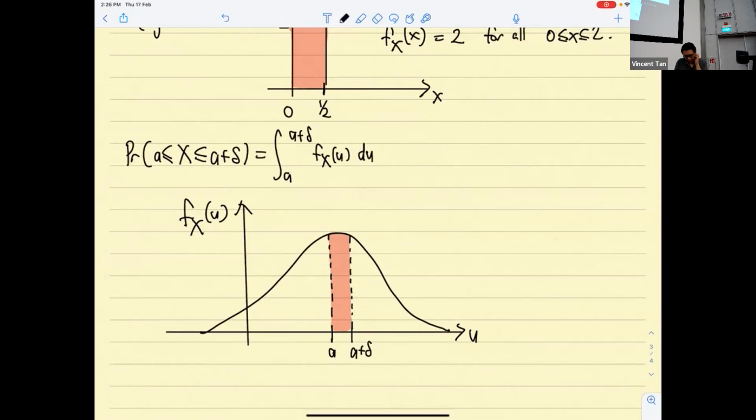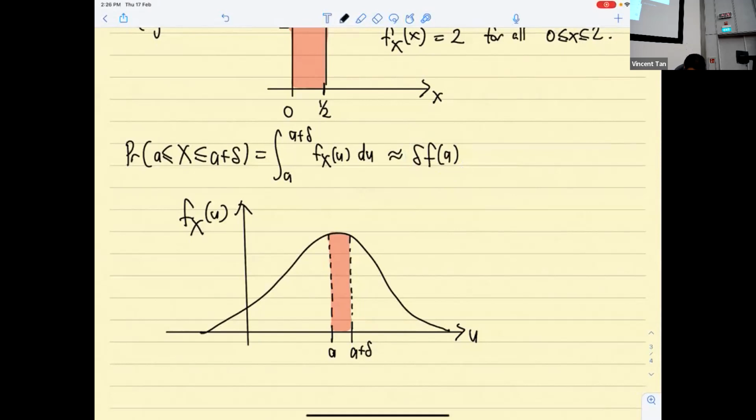Now, if this function f of x is very nice, in the sense that it's continuous, which is why it's called a continuous random variable, then if delta is very small, this is approximately delta times f of a. Why is this so? You don't need to know any math for this. You just look at the picture. Look at the red triangle here. What is this thing on the right-hand side?